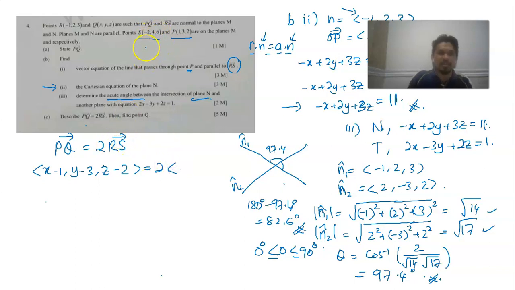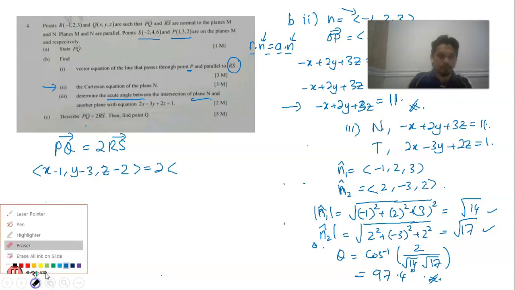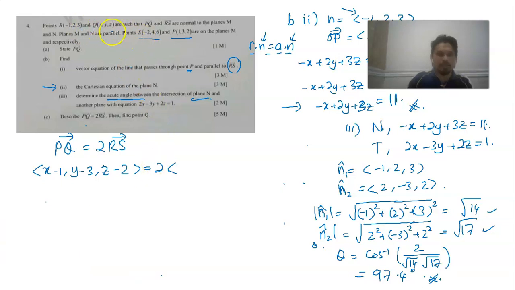So R to S is the coordinates of S minus R: -2 minus -1, 4 minus 2, and 6 minus 3.